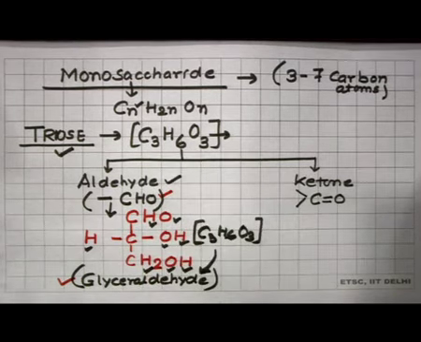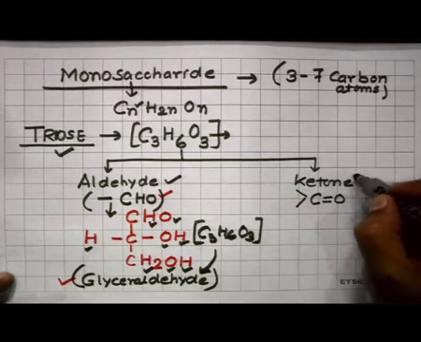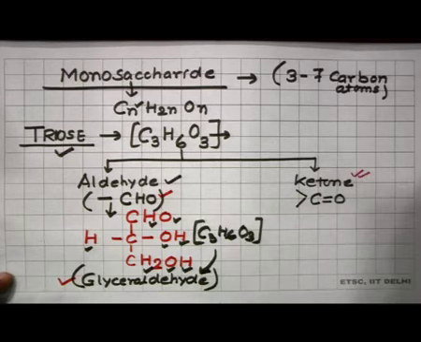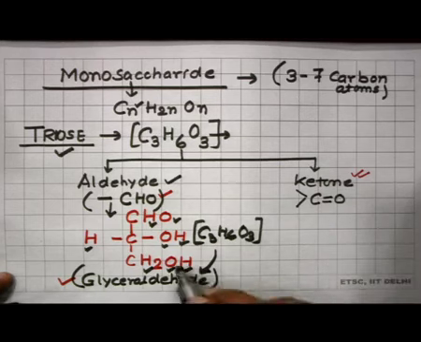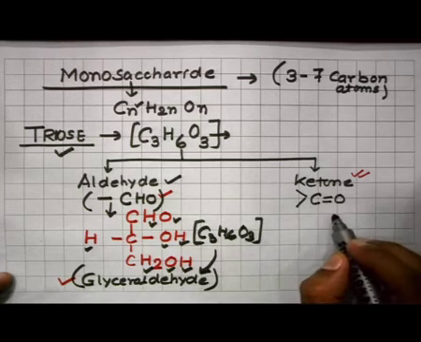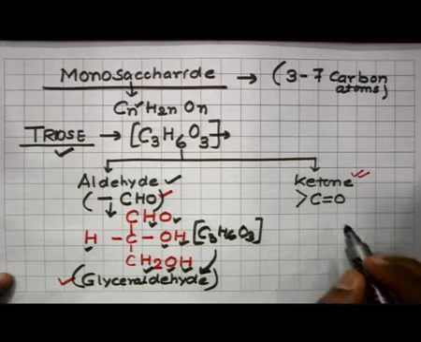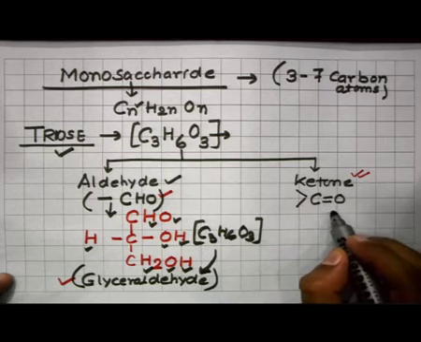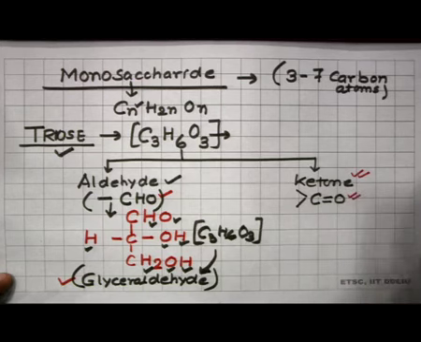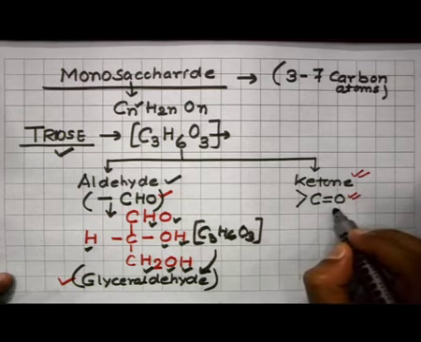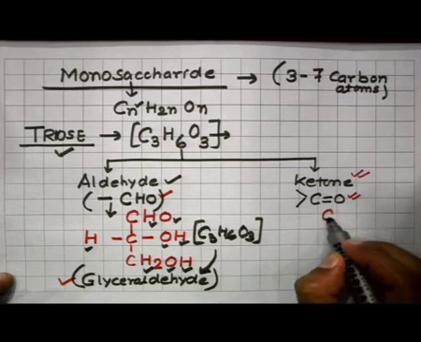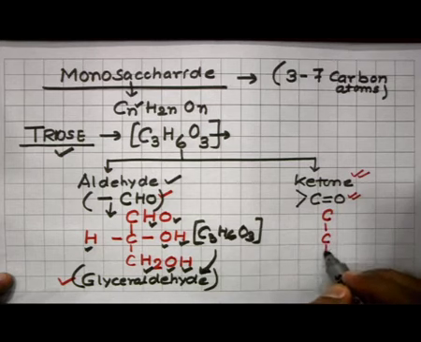So, we can easily write the formula of triose or the glyceraldehyde, which is an aldehyde group. Now, the second form of triose is ketone. Here the general formula will be the same, because it is triose: C3H6O3. Now, the structure will be slightly different, because here the ketone group is there. So, we write C3 carbon.